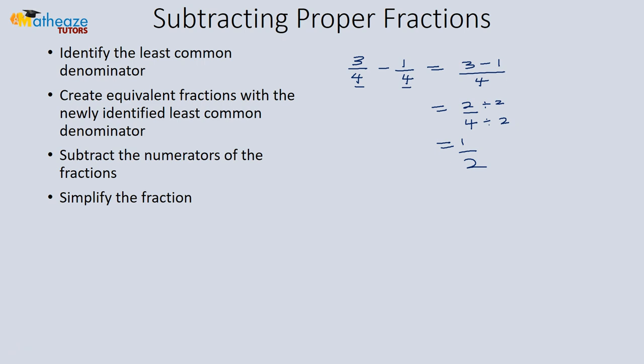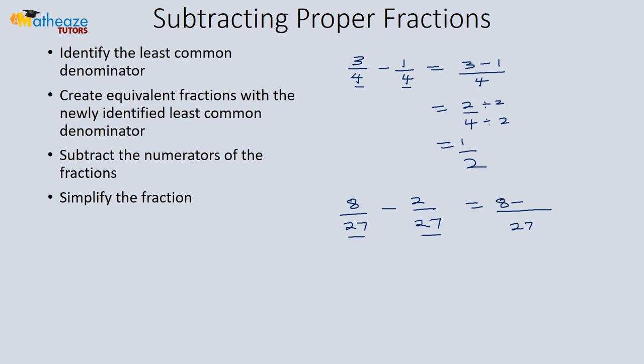Let's look at one more example. 8 over 27 minus 2 over 27. First step is to make sure the least common denominators are the same, so because they are, we can just subtract the numerators from one another.